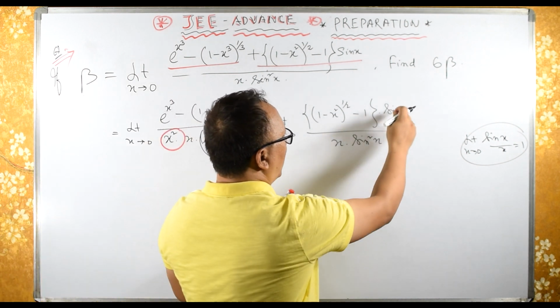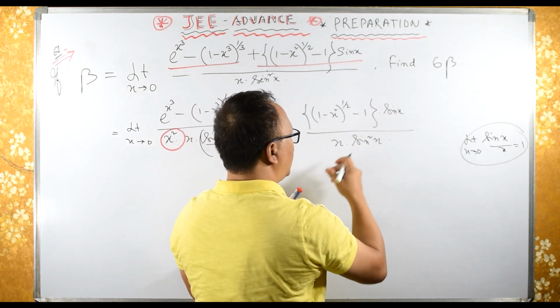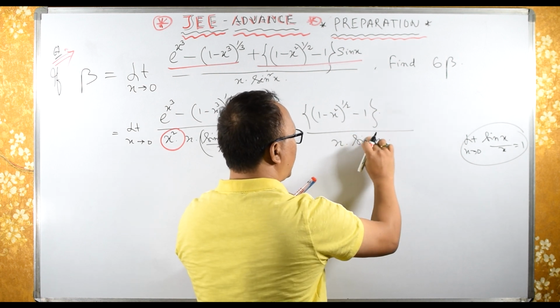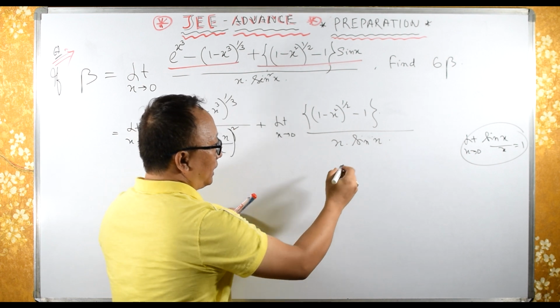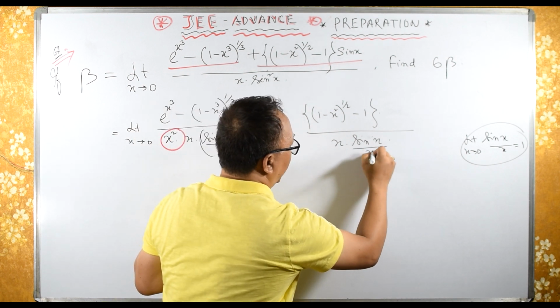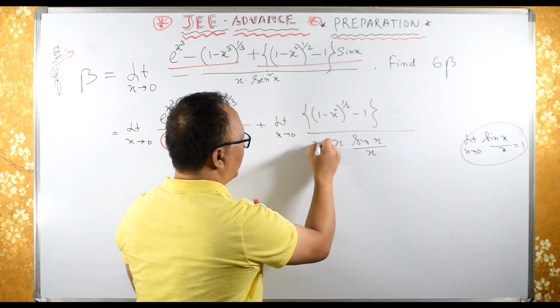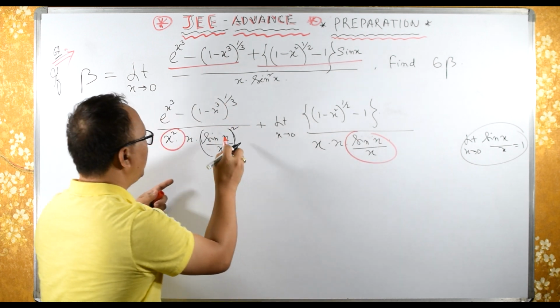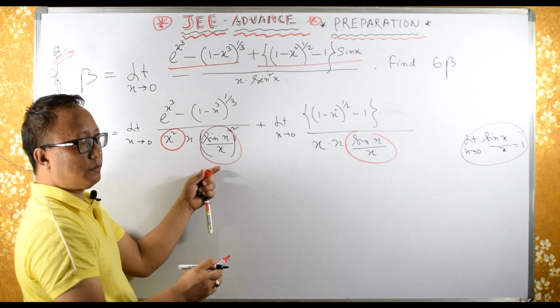Similarly, this sine x and sine x go away, so we have only sine x. But here I need to have x over here, and this x is extra. So the limit as x tends to 0 of this becomes 1.